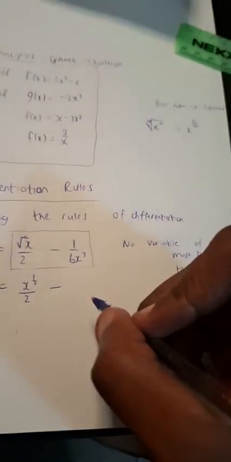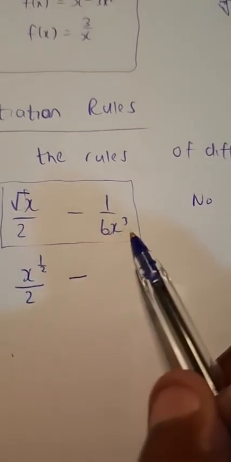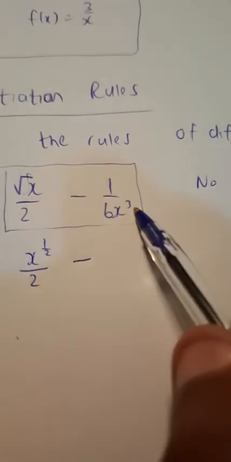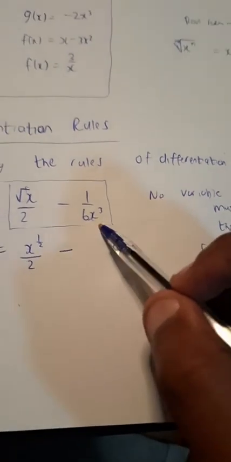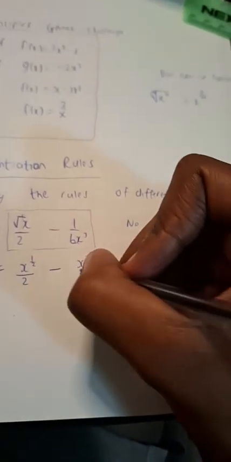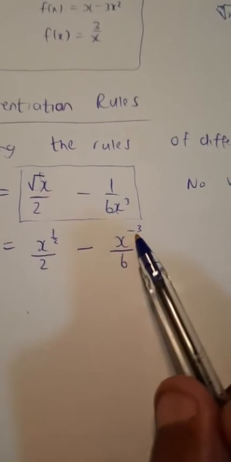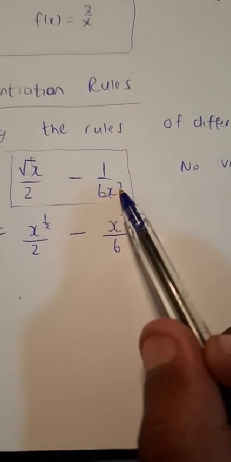Look at this one: the relationship between 6 and x is multiplication. What combines this 6 and this x to the power 3 is multiplication, right? So that means this x to the power 3 can be moved to the numerator. But when that happens, take note what happens to the exponent.